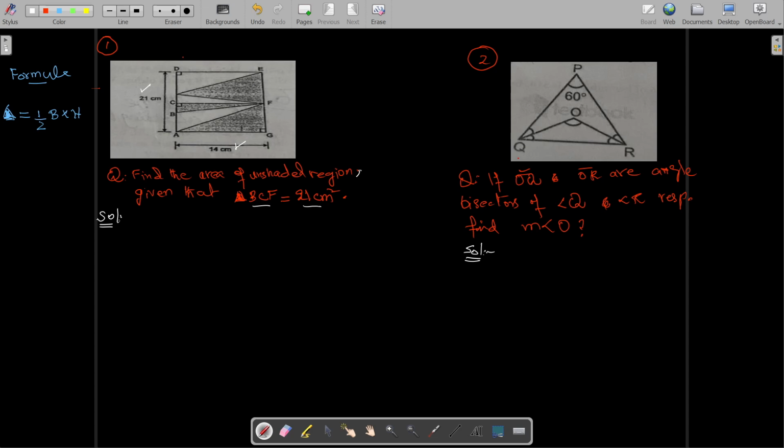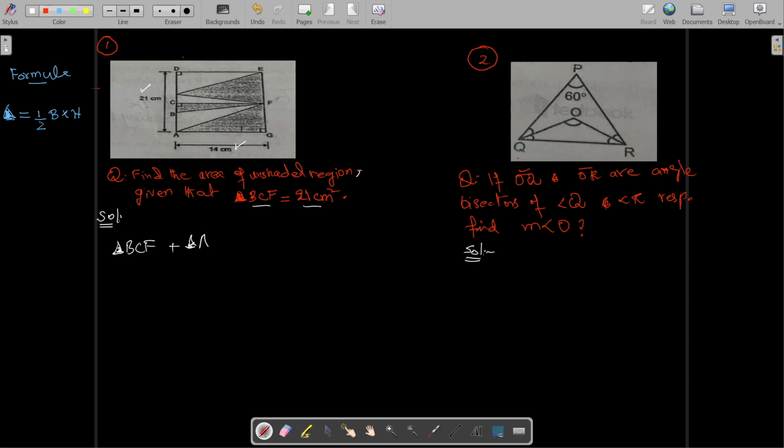Firstly, we will compute the area of the shaded region. Let's see what the shaded region is here. The shaded region comprises three triangles. The first triangle is triangle BCF, whose area is given. The second is triangle AGF.